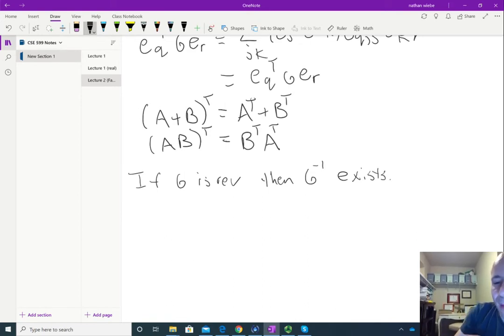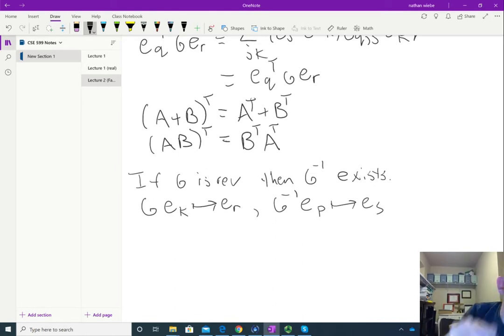Furthermore, because all of the gates in a reversible gate set will end up mapping E_k to E_r, similarly, G inverse will end up mapping E_p to E_s.